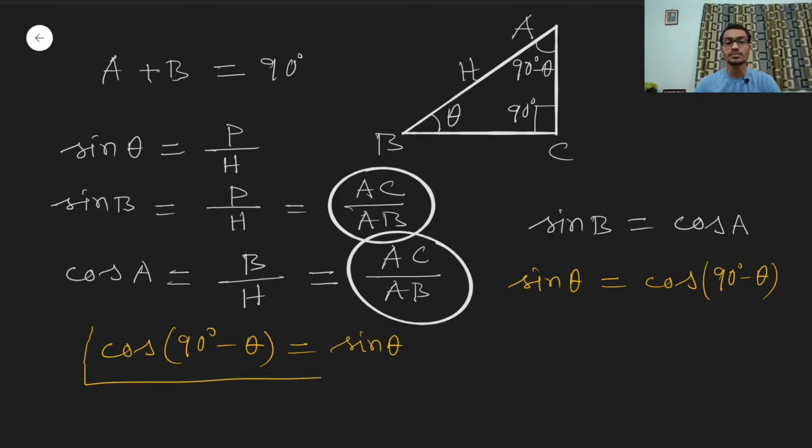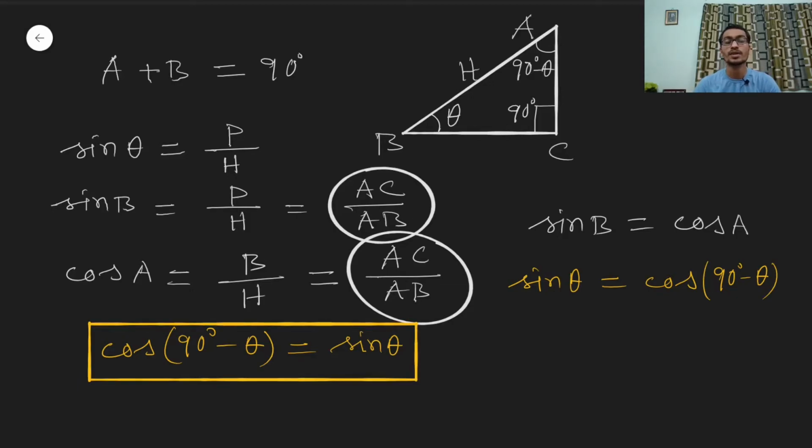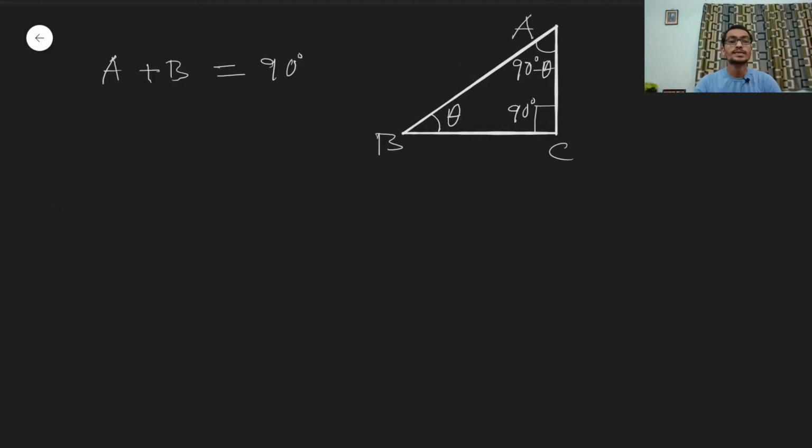So this is a relation of complementary angle between sine and cos. Now we will see the reverse of that relation. That means, what if we take sine 90 minus theta?